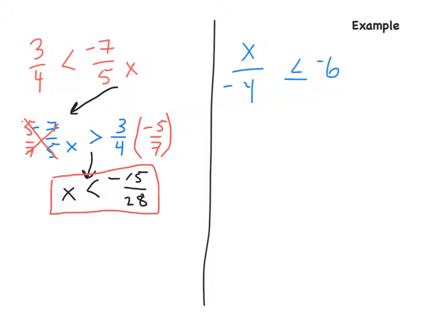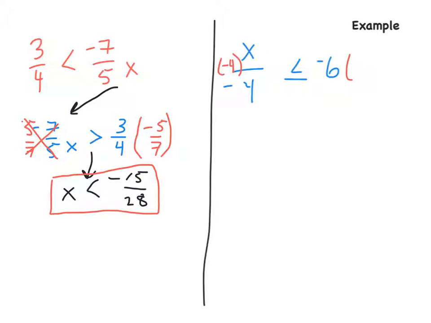Okay, now we have x divided by a negative 4 is less than or equal to a negative 6. Now remember, this is divided by. To get x by itself, you must do the opposite of divided by, which is multiply by a negative 4.